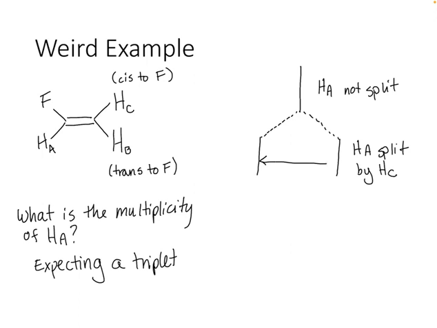And that has a distance of JAC, so HA being split by HC. And then HA will be split by HB, but that's going to have a different distance. So what we end up with is 4 peaks, even though we only expected 3.